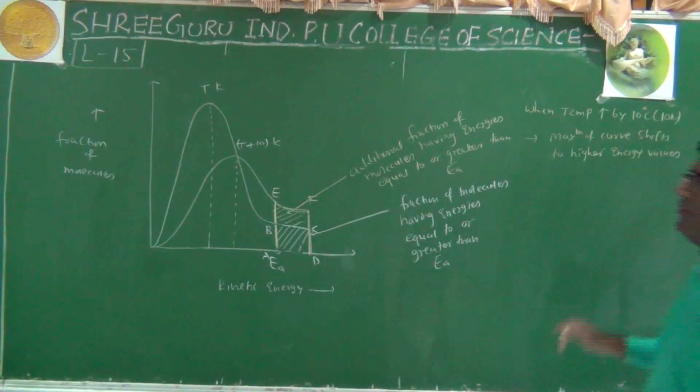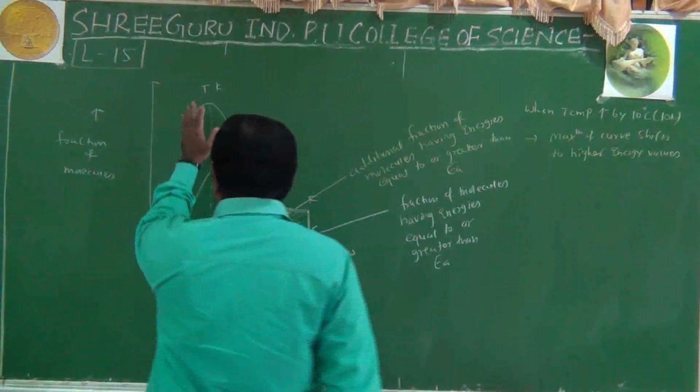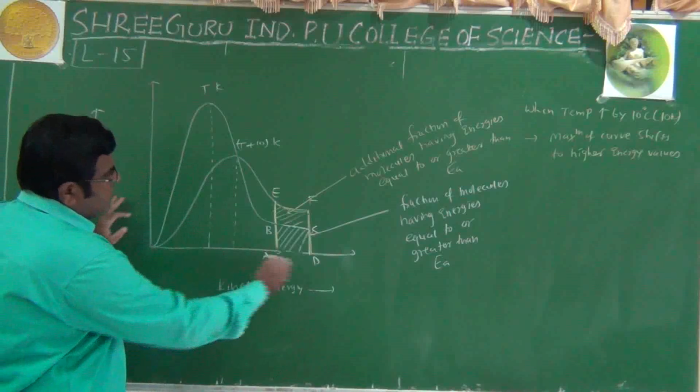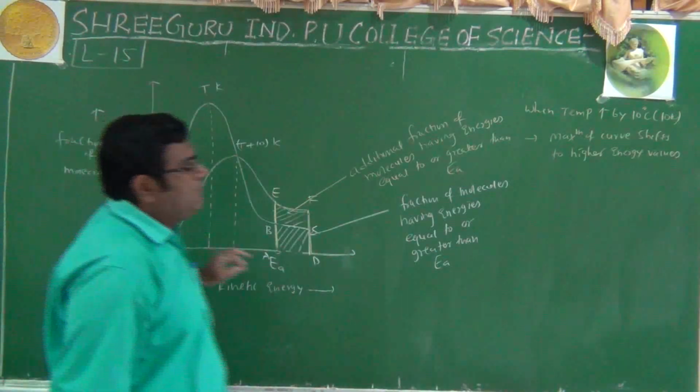Why are we saying so? Because this is the maximum of the curve. And it shifts to what? Higher energy value. So it is increasing in this direction.